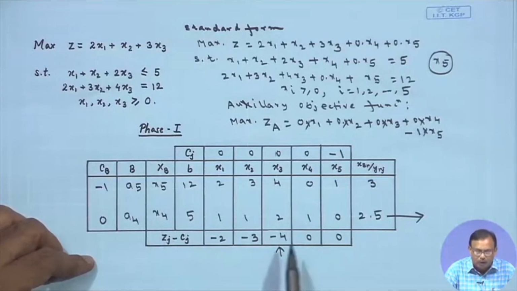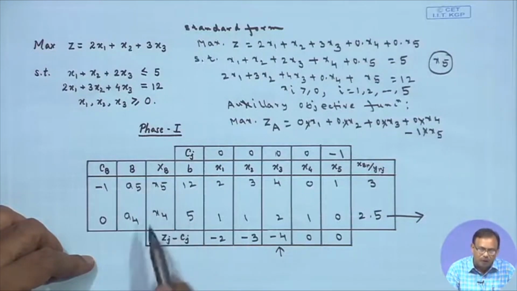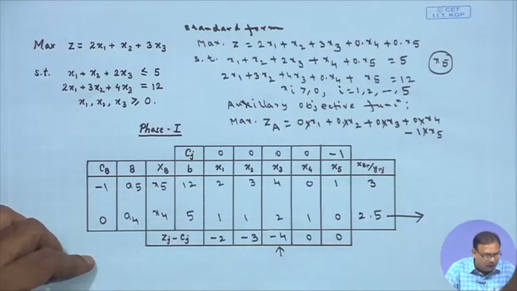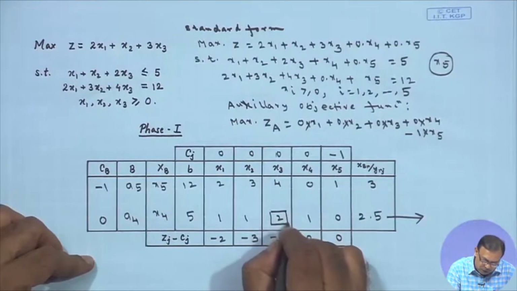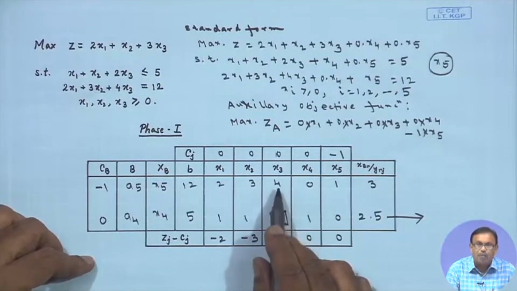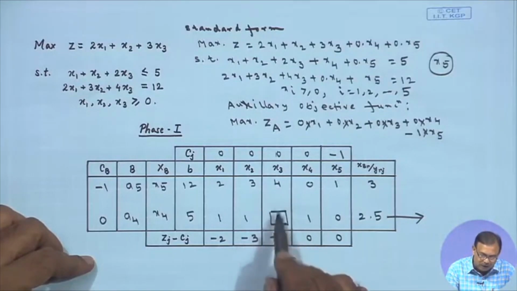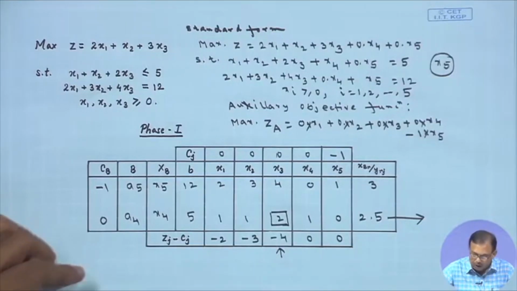So, in this particular iteration, your entering vector will be x3 and it will be replaced by the outgoing vector x4, and your pivot element is the intersection of these two, row and column. That means I have to make this column 1 and all other elements of this column 0 as usual.